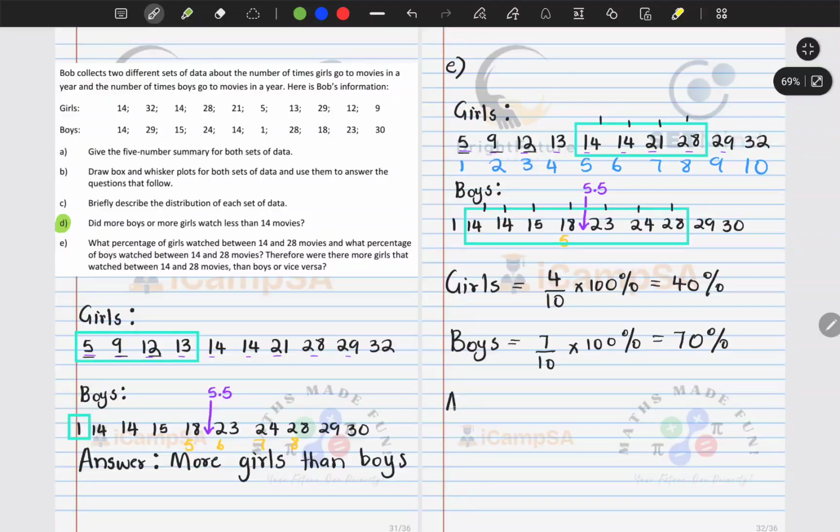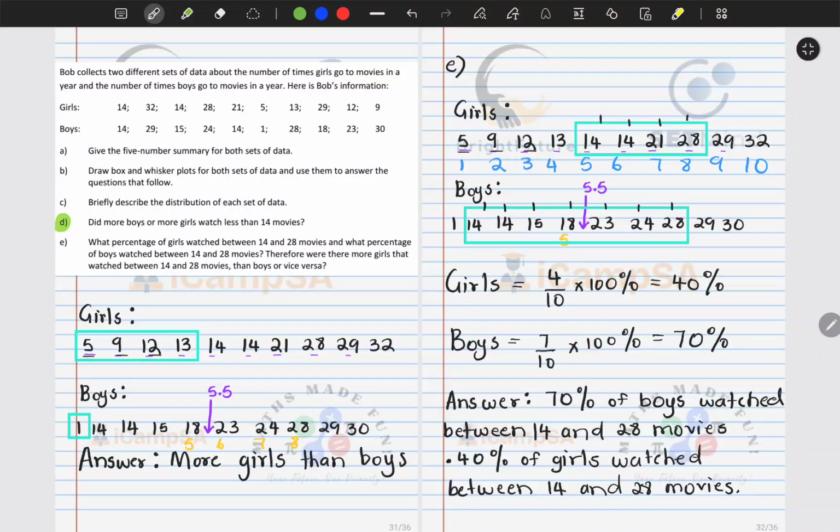So now our answer here is that 70% of boys watched movies between 14 and 28, and 40% of girls watched between 14 and 28. Okay, so that becomes our answer, guys, for this question.